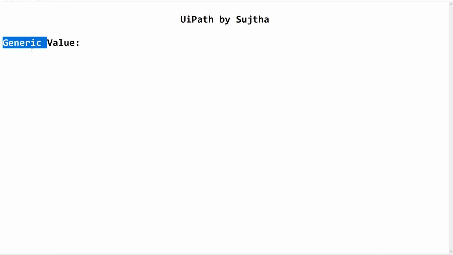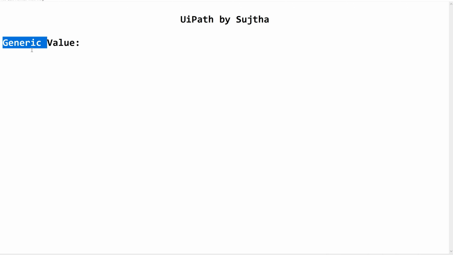In such cases, we need a special power, a Superman or Spider-Man kind of data type. This is nothing but the generic value data type. UiPath exclusively provides a special powered data type which can store all kinds of data.